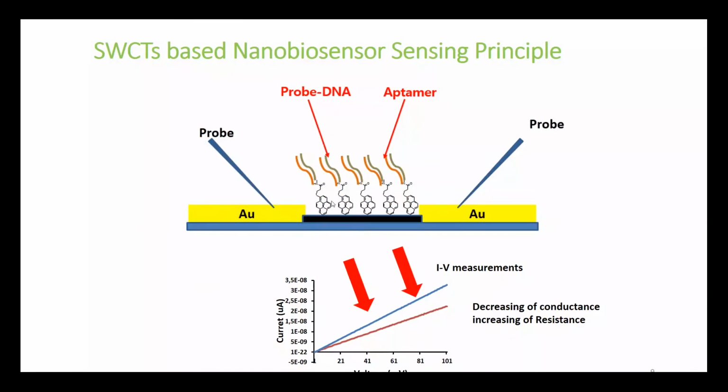When something binds onto the carbon nanotube bridge surface, the conductance decreases and the resistance increases, because the carbon nanotube bridge has superconductance ability, but if something binds on it, its conductance decreases, so resistance increases. So from the differences between before and after injection, we get a difference value, and it gives us the bound analyte on top of the system.